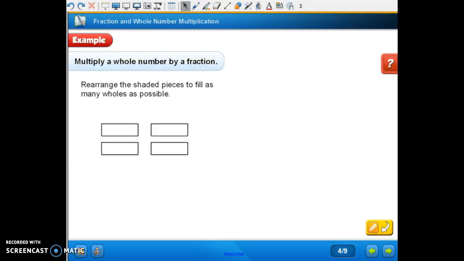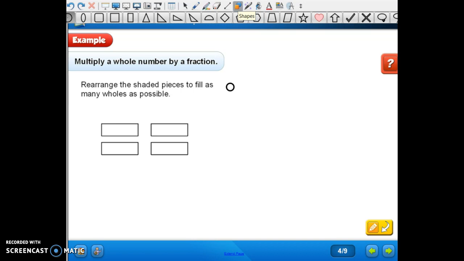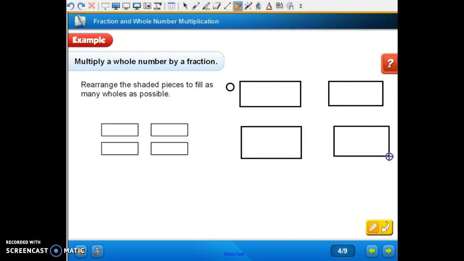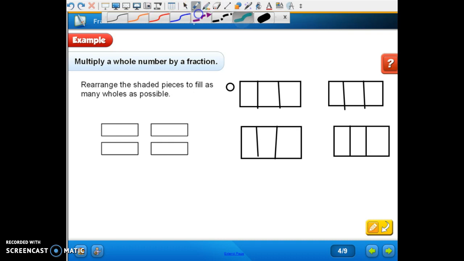Okay. So now we're back in that example box. It says rearrange the shaded pieces to fill in all the holes. So I had my 4 rectangles that I had divided into thirds, and I had shaded those thirds, 2/3 of each one.